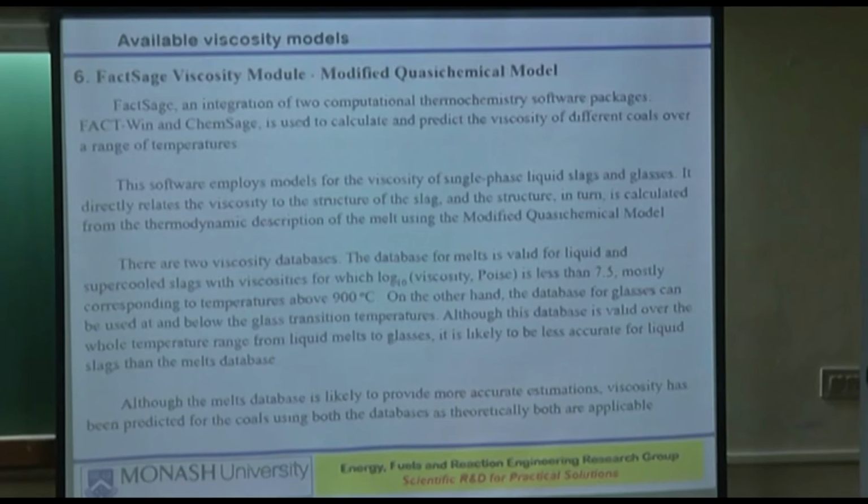Then immediately it becomes obvious to you whether it is suited for your need or not. We then looked at this. Let's go back to one other point there, the modified quasi-chemical model.